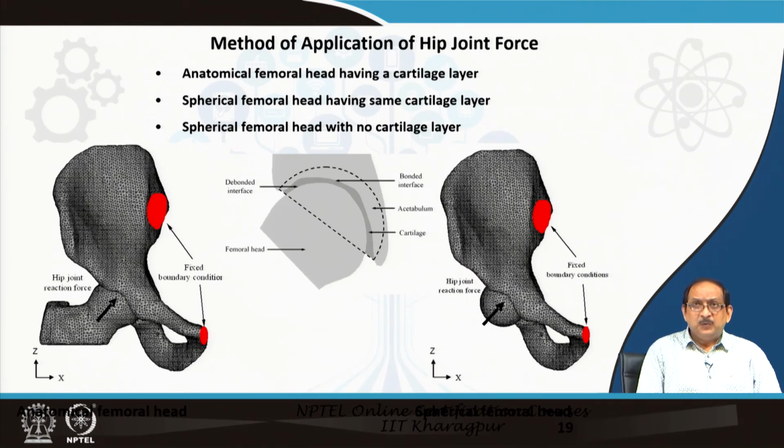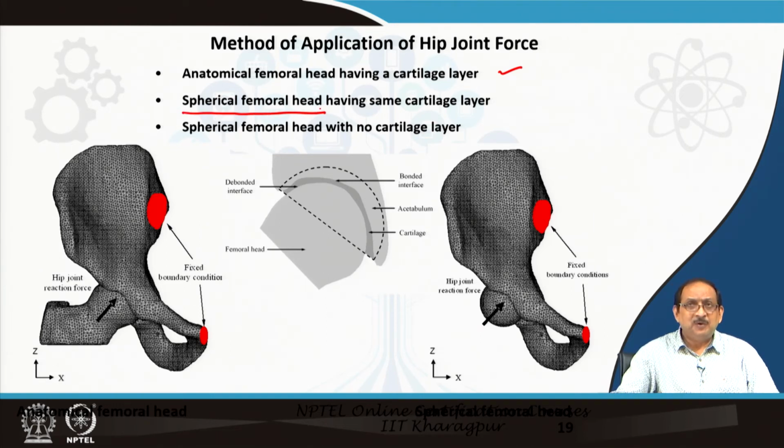Now, we investigated the effect of different methods of application of hip joint force. So, we had actually 3 different models, one with anatomical femoral head having a cartilage layer. The other model was a spherical femoral head, an assumption because the femoral head is almost spherical, but not exactly spherical, but we assumed a spherical femoral head for simplicity.